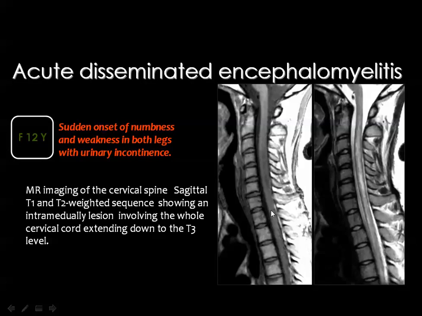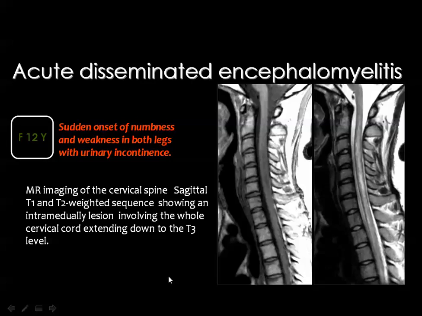And if you look here, you see that the spinal cord is swollen. It shows faint low signal intensity inside the substance of the cord in the T1 weighted image that turned to bright signal in the T2 weighted image. And this appearance without a known history then is diagnostic of transverse myelitis. But if you know that this female child has developed the sudden onset of numbness and weakness in both legs with urinary incontinence, this is okay for transverse myelitis as well.